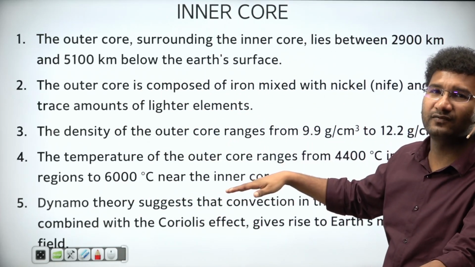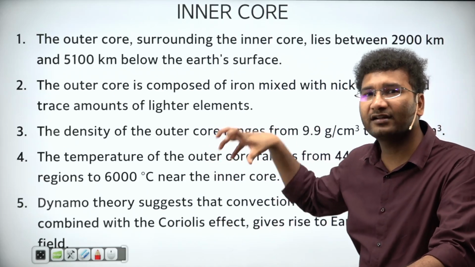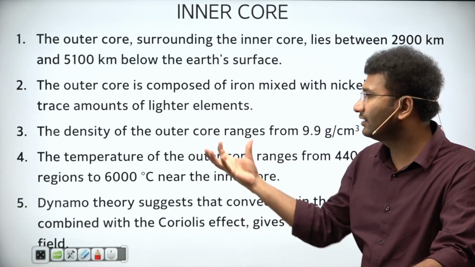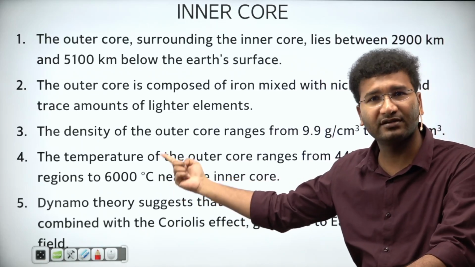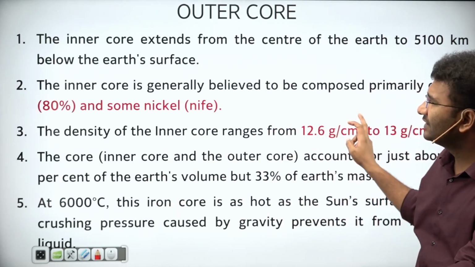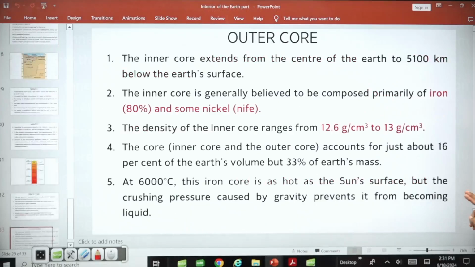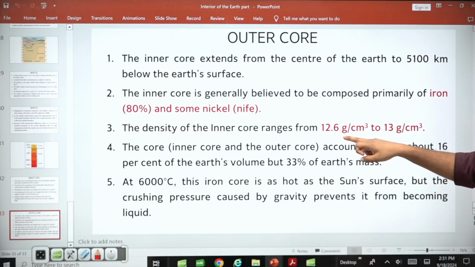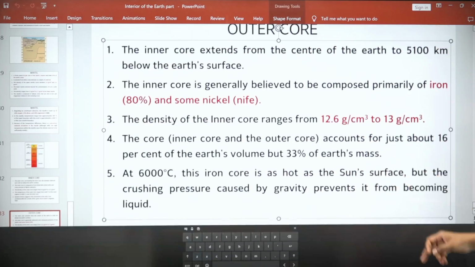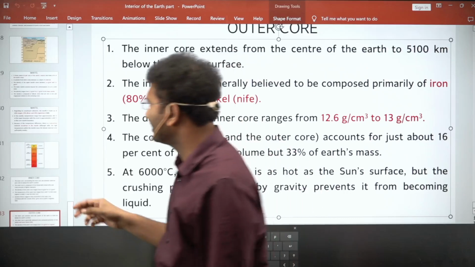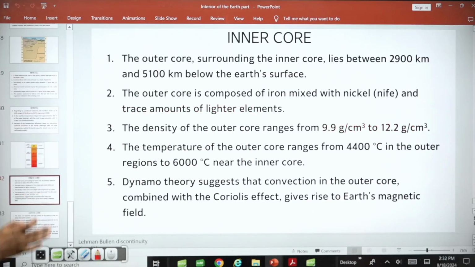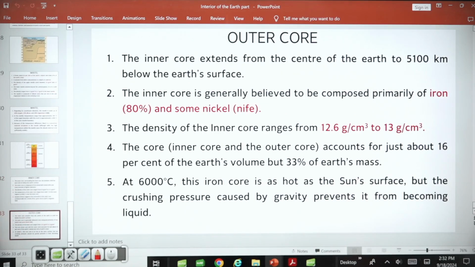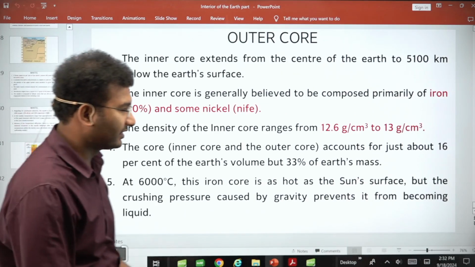So that is the reason why you have a better solidified pure material in the form of solid, and the temperature it can withstand is up to 6000 degrees. Right. Now these are some of the important facts. Whereas density, 12.6 grams is the density of the outer core. When you look into the inner core, the density is comparatively a little different, it is 12.2 grams. That means the inner core and outer core will have the highest density, right?